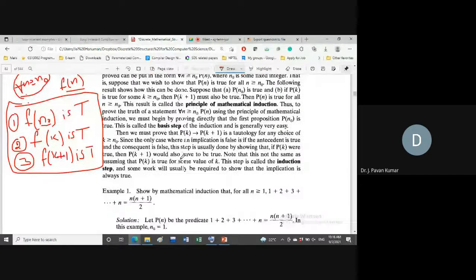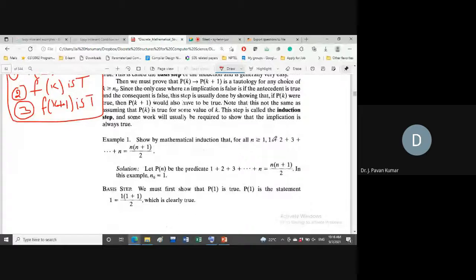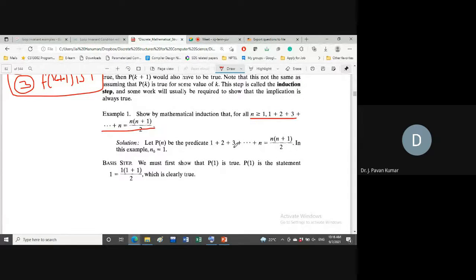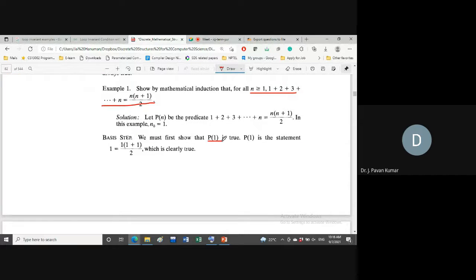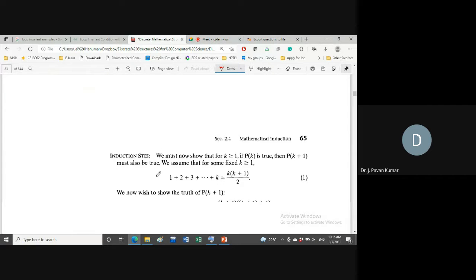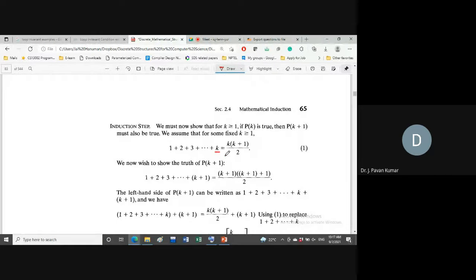Now let us see one by one. As you know this method, I don't want to spend much time on this. This is the statement. For this, what is n naught? N naught is 1. So for 1 we will say it is true, and we'll assume that for k it is true. Then for k plus 1 we have to write.